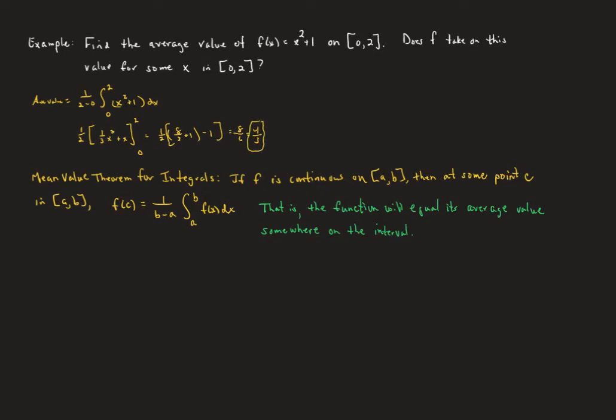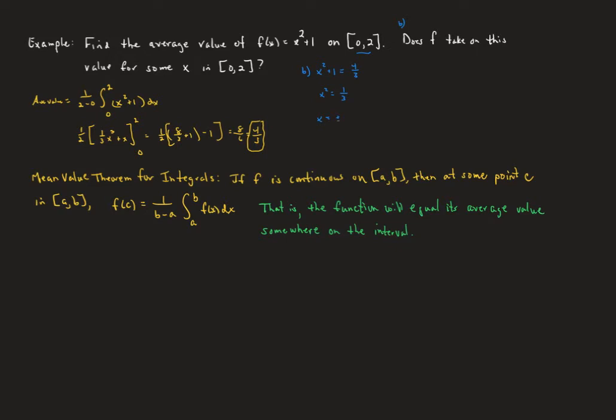Then the second part of the question is, does f ever equal that on that interval? So for the second part, I'm going to call that part B. The question is, is x squared plus 1 ever equal to 4/3 for some value of x between 0 and 2? So if we subtract 1, which is 3/3, we'll get x squared equals 1/3.